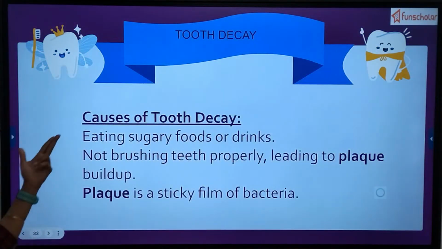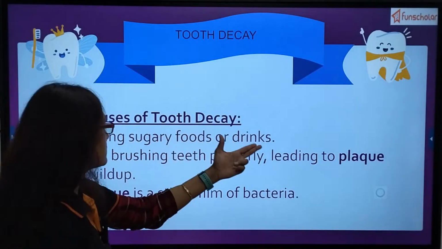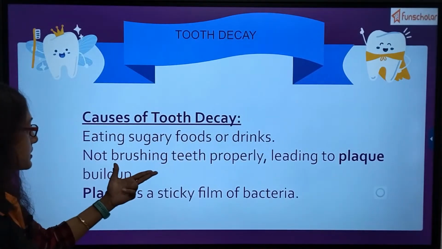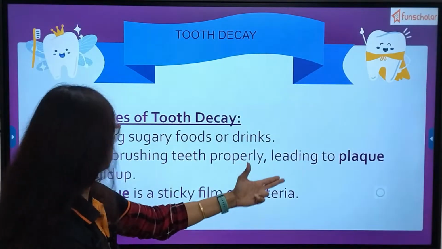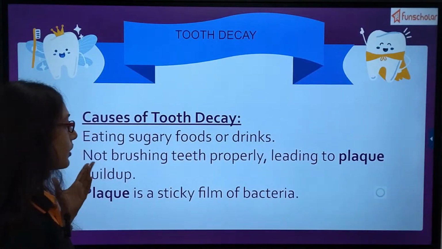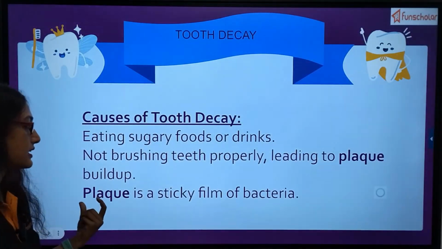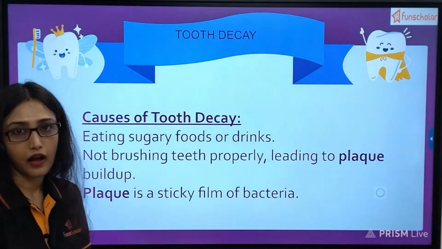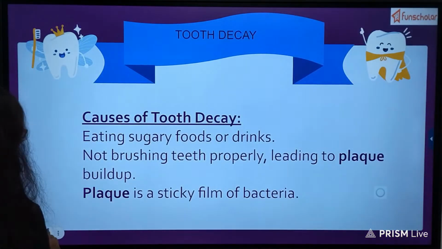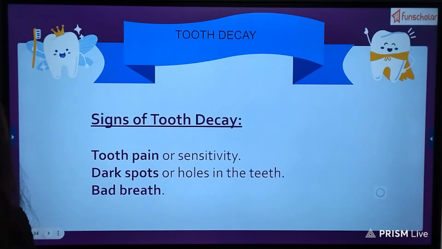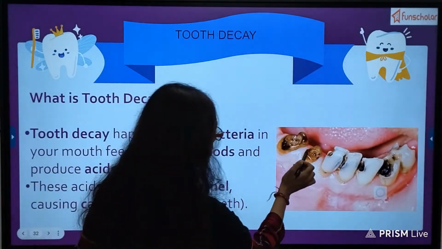So, let's read. Eating sugary foods or drinks, and obviously not brushing teeth properly, leading to plaque buildup. Now, what is plaque? Plaque is a sticky film of bacteria, just like this.